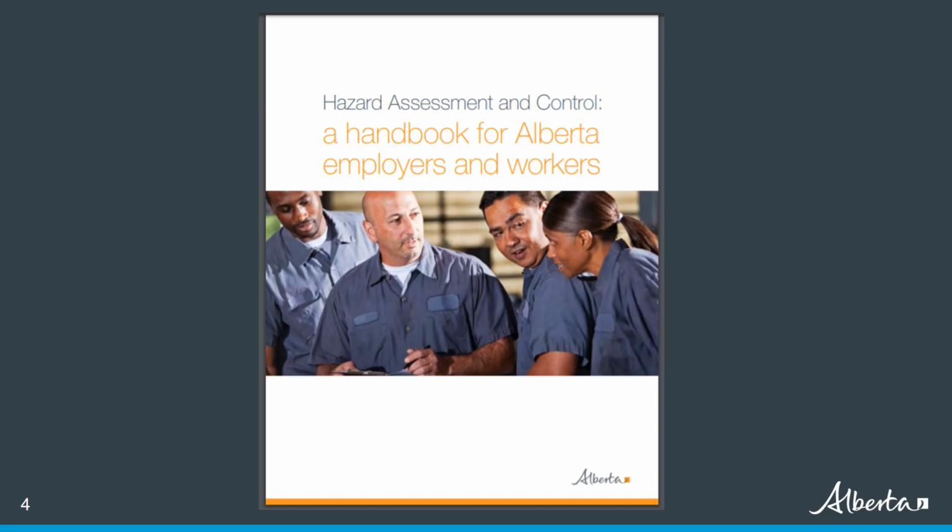This webinar is a complement to Hazard Assessment and Control, a handbook for Alberta employers and workers. This Government of Alberta publication is a free, downloadable resource that goes deeper into the topics we cover here. It also has templates and sample forms you can use in your own hazard assessment process.